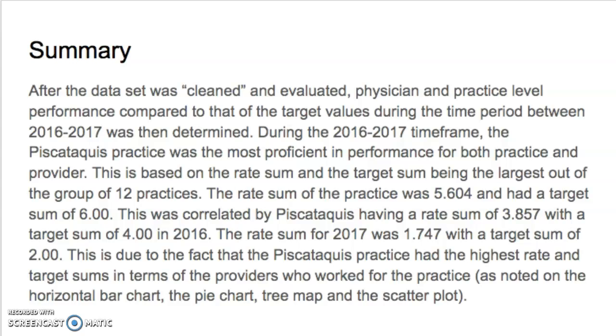The rate sum of the practice was 5.604 and had a target sum of 6.00. This was correlated by Piscataquis having a rate sum of 3.857 with a target sum of 4.0 in 2016. The rate sum for 2017 was 1.747 with a target sum of 2.00.